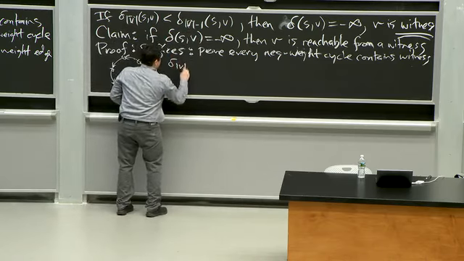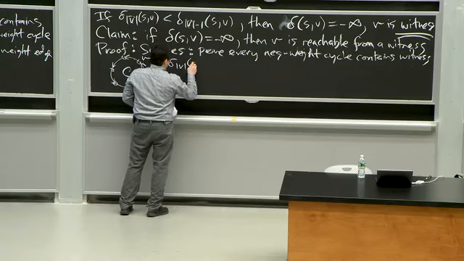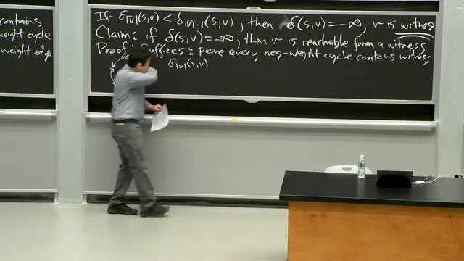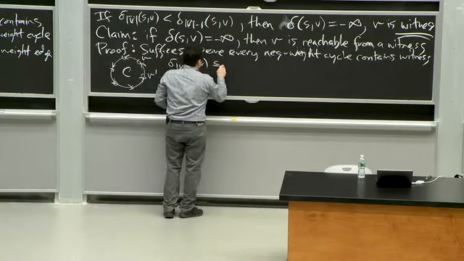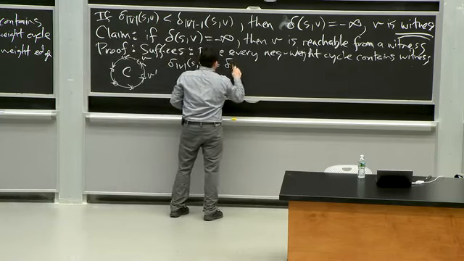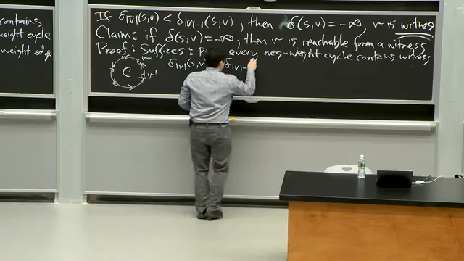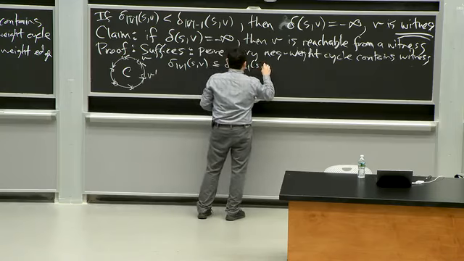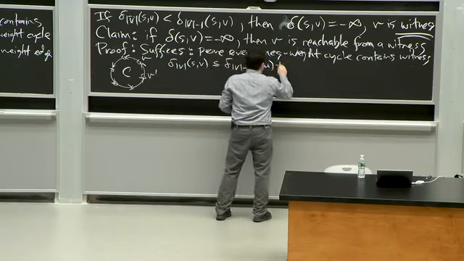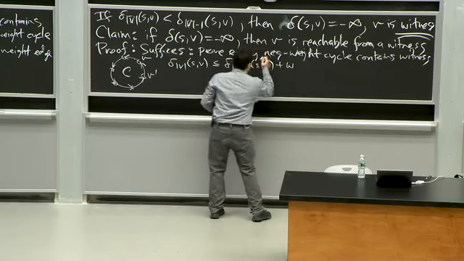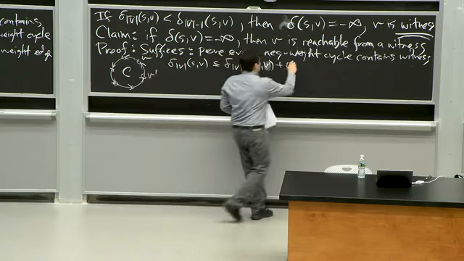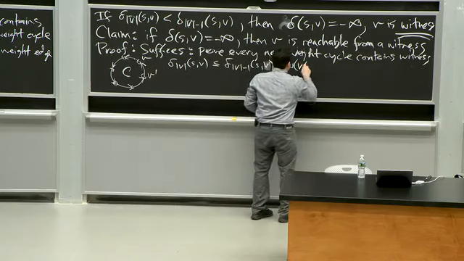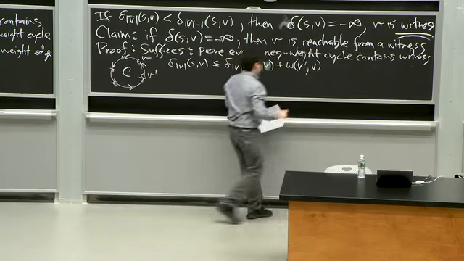Delta V going from S to V, for any vertex in my cycle, can't be bigger than delta V minus 1 from S to V prime, its predecessor, plus the weight going from the predecessor to my vertex.